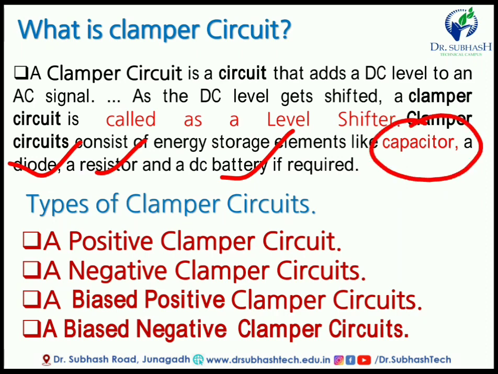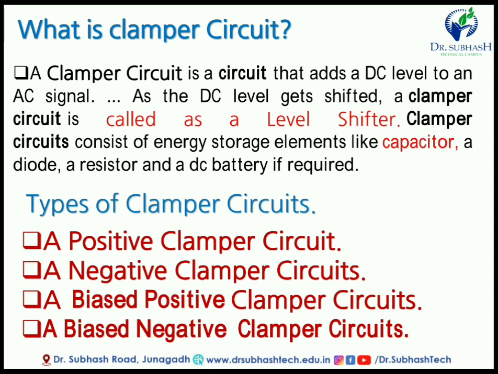According to the energy stored in the capacitor, our level is shifted. So this is the basic idea of a clamper circuit. Remember, we cannot change the shape of the waveform. We can only shift the DC level of our signal, and then this circuit is known as a clamper circuit.